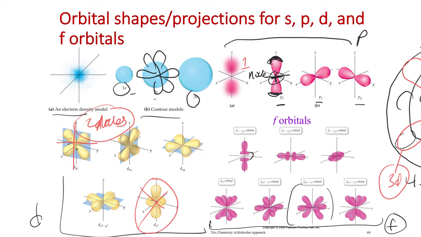So the L value is telling us something about the shape of the orbitals. The number of these shapes we get is from the projection, from the m sub L range. We count up the m sub L numbers, which is how we get 1 for the s, 3 for the p, 5 for d, and then there are 7 f orbitals.